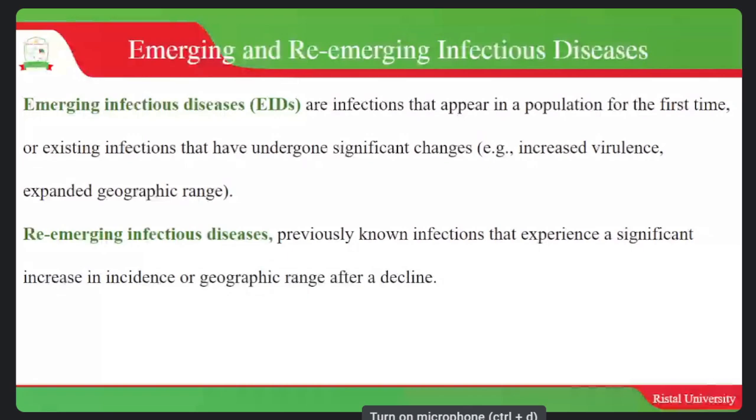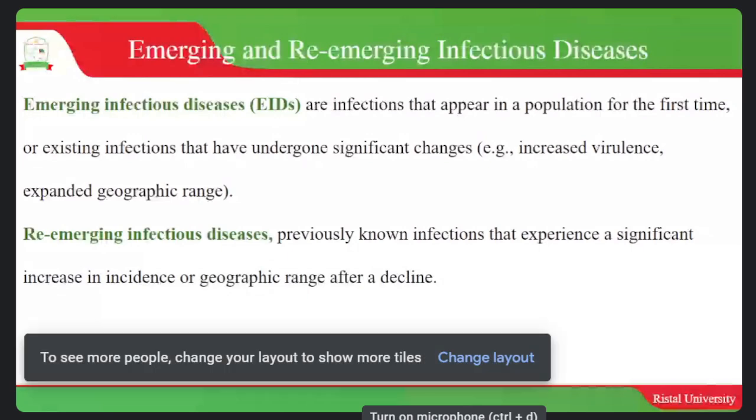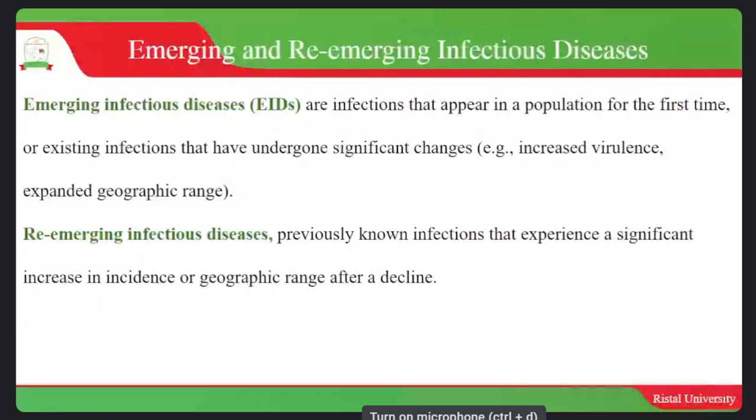Looking at antibiotic resistance, antibiotic-resistant organisms contribute to the development of resistant strains that may lead to re-emergence of these infectious diseases. Looking at inadequate infection control, poor infection control measures in healthcare settings can facilitate the spread of these infectious diseases.